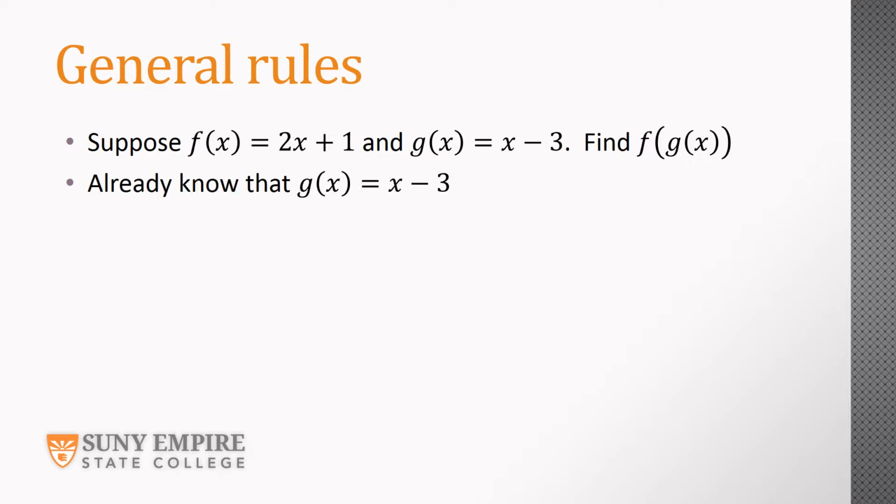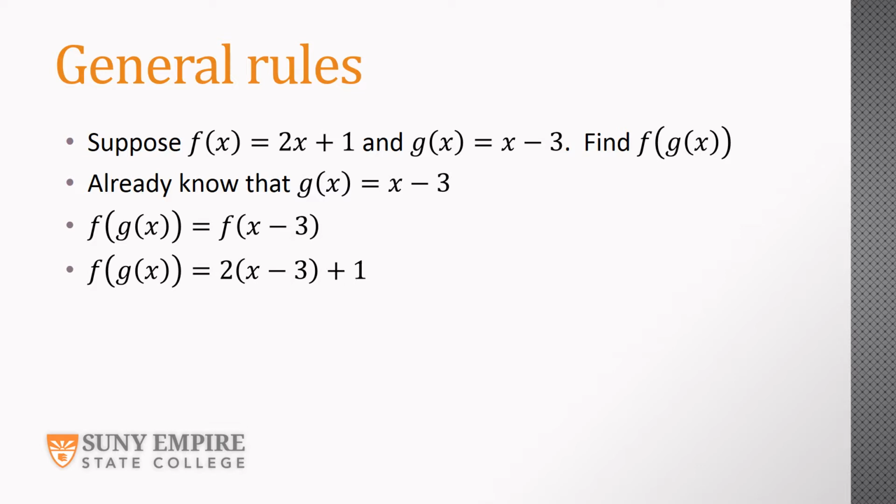We already know that g(x) equals x − 3, since we are told that straight out. So to find the general rule for the composition, we need to take that result, x − 3, and make it the input for function f. We want to find f of the quantity x − 3.